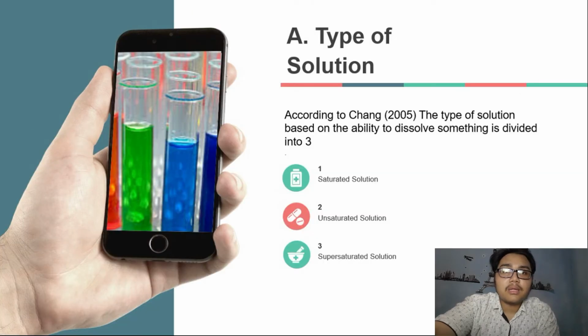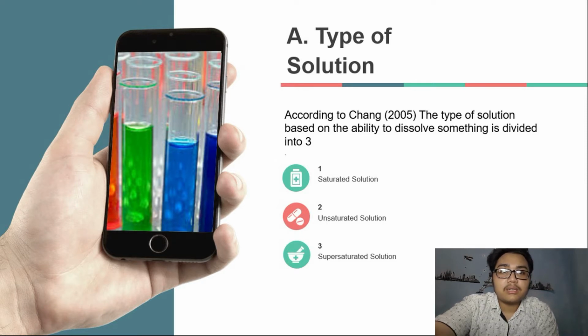A. Type of solution. According to Chang 2005, the type of solution based on the ability to dissolve something is divided into three. First, saturated solution is a solution containing the maximum amount of solute in a solvent at a certain temperature.